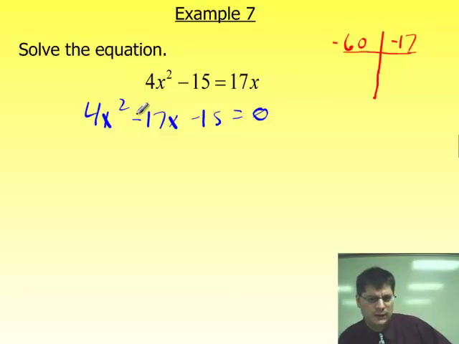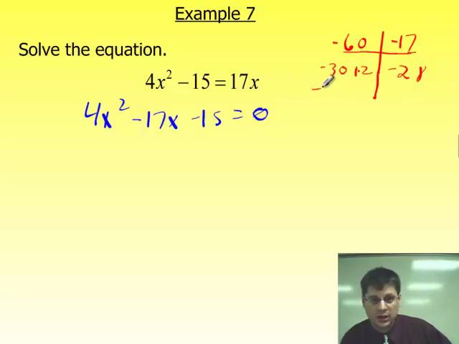So let's see, we could do 2 and 30, so negative 30 plus 2, well, that's not going to work. That's going to give me a negative 28. We could do 3 and 20.